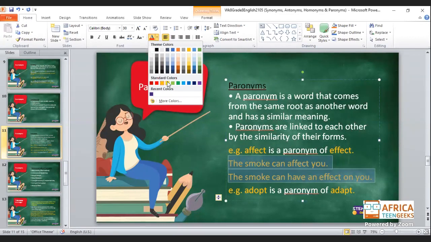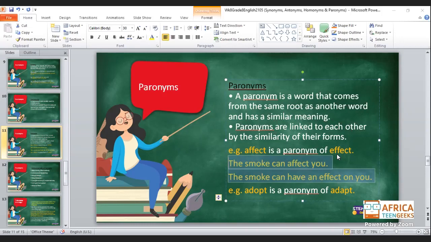I said affect is a paronym of effect. So from here, the smoke can affect you, right? You all understand what that means. Then even if I come again and say the smoke can have an effect on you, you will realize that I've literally said the same thing.